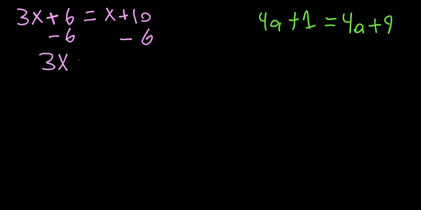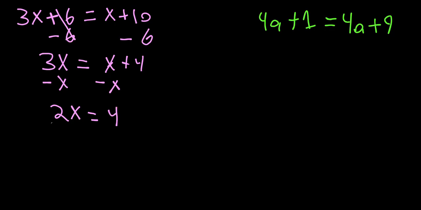So we have 3x equals x plus 4. 10 minus 6 is 4. Let's subtract an x from both sides. We get 2x equals 4. And we divide both sides by 2. We get x equals 2.